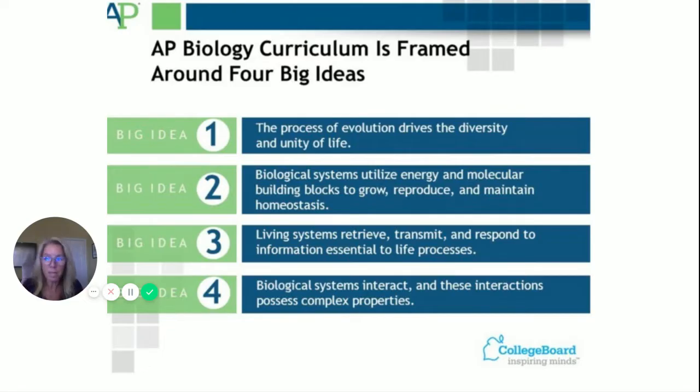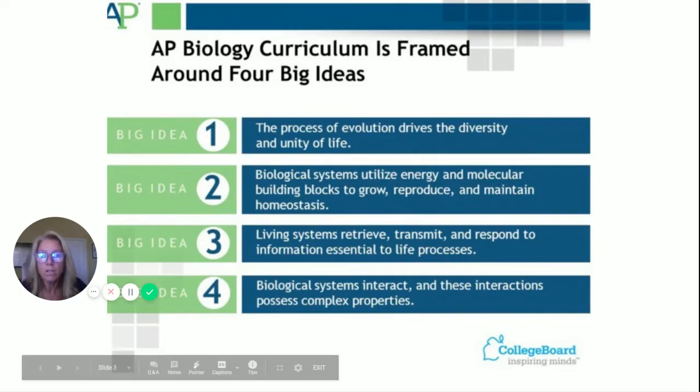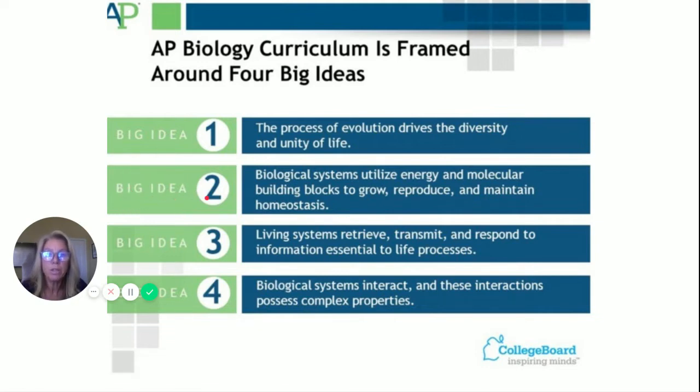like looking at the process of glycolysis, which is the first step in cellular respiration. So that could, let me get a pointer right here, that could be referring to big idea 2 about how we utilize energy, but we can also talk about evolution when we talk about that, because all cells are doing that first reaction of metabolism called glycolysis.